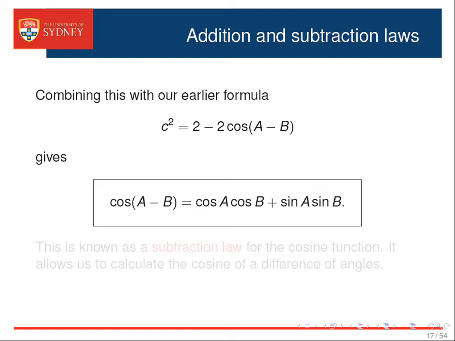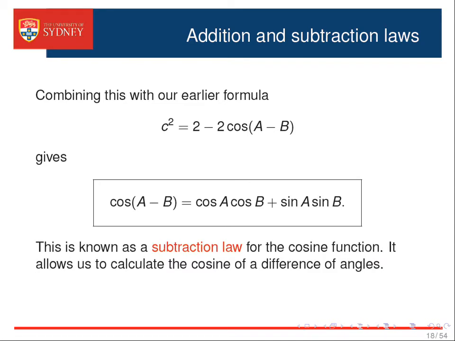So equating these 2 expressions for c squared, cancelling and dividing by 2, we obtain this formula in the box here for cos(A minus B). This is known as a subtraction law for the cosine function. It lets us compute the cosine of the difference between 2 angles.